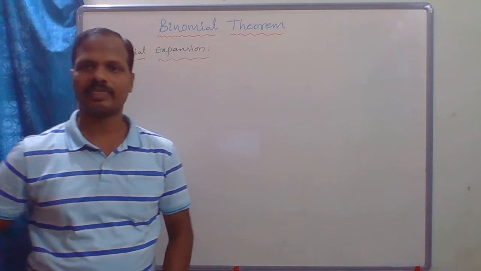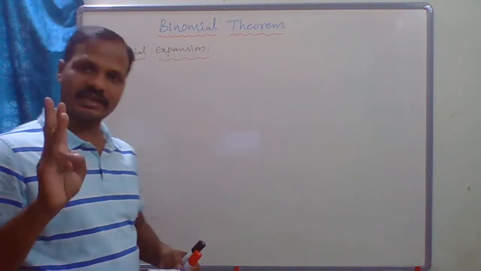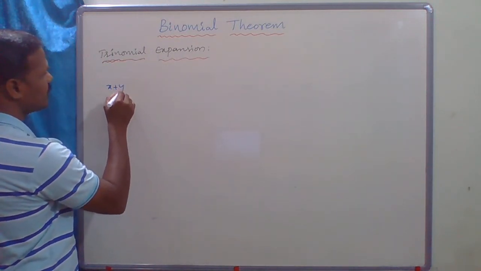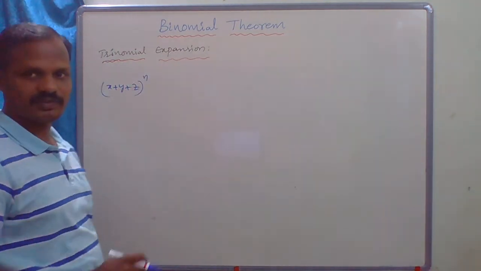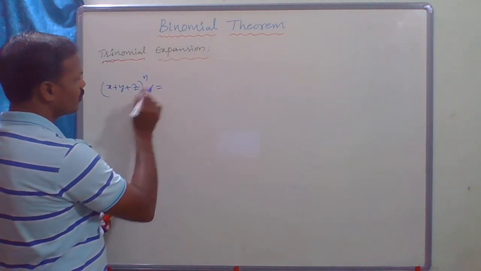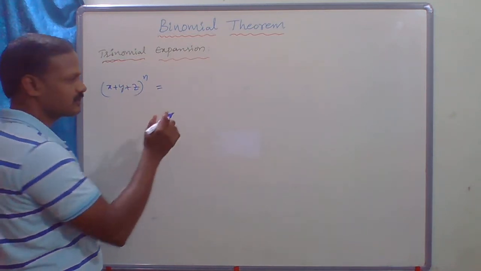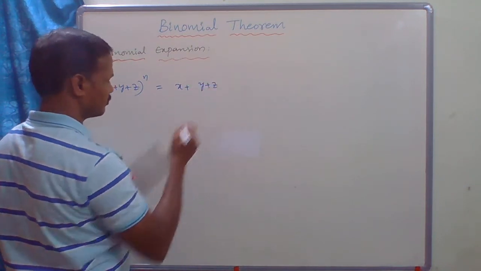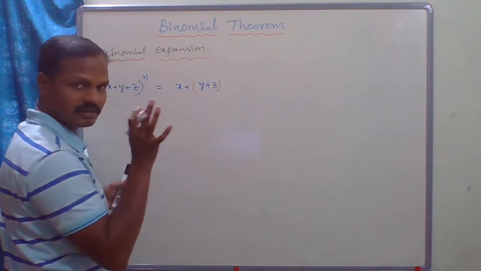Okay, next the trinomial expansion. Trinomial, tri means 3. So trinomial expansion means the general form (x plus y plus z) whole power n, with 3 terms x, y, z. In this case you have to form these 3 terms into 2 terms like this: x plus (y plus z), taking y plus z as one term.